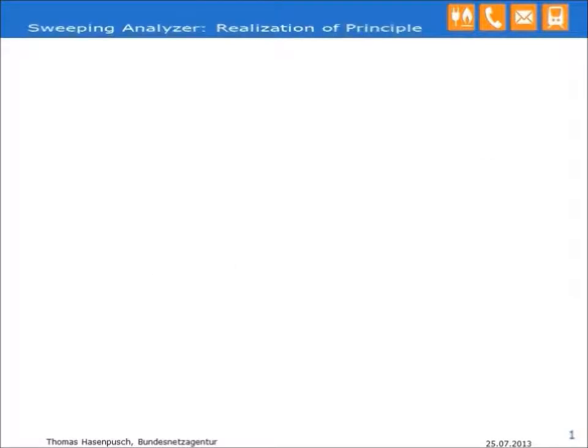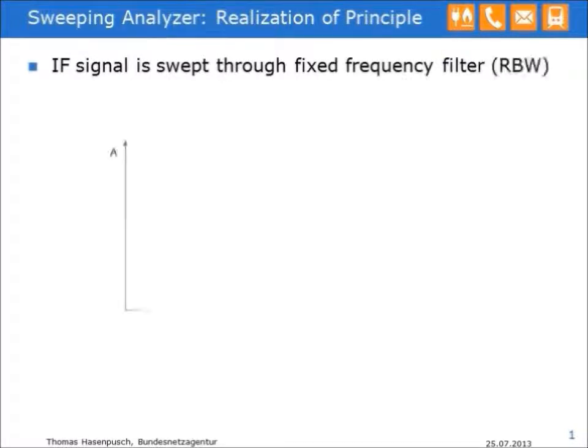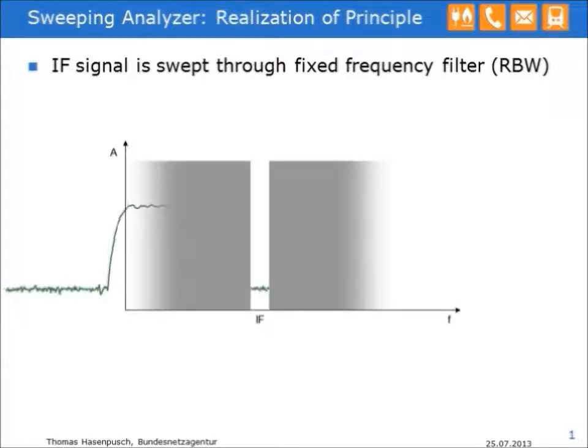In practice, it is realized a bit differently because it is difficult to realize tunable filters of various bandwidths. It is cheaper to have fixed frequency filters, and we can get the same result if we keep the filter at a fixed frequency and then we sweep the signal through the filter. The result is the same, but this is how it's done in practice.